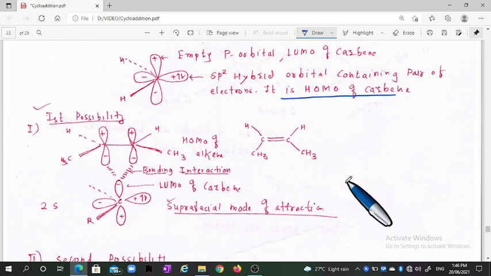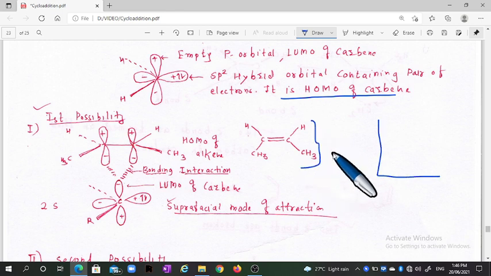Let us discuss this unsaturated system. When we draw the orbitals, the first orbital and the second orbital, psi1 and psi2, the first is having two electrons.